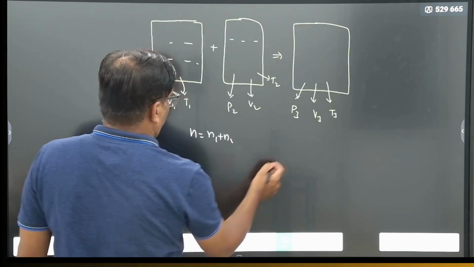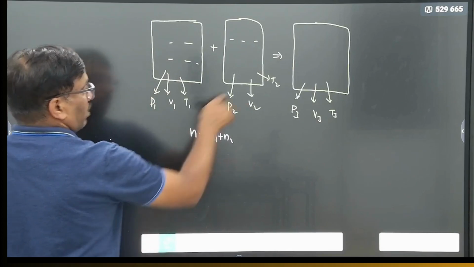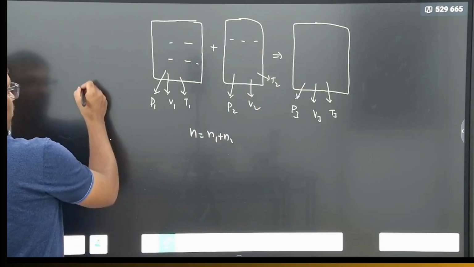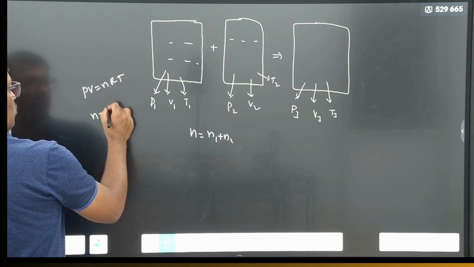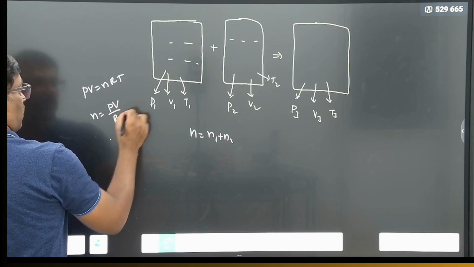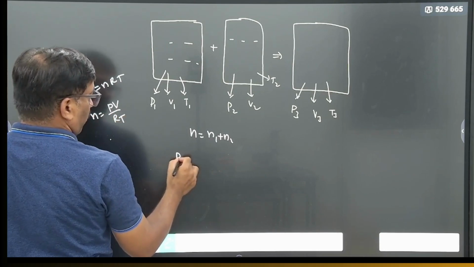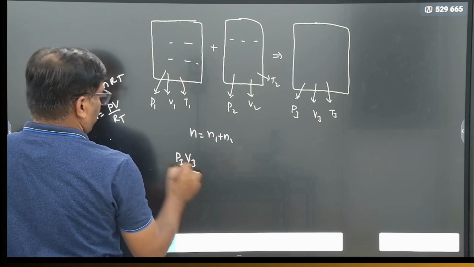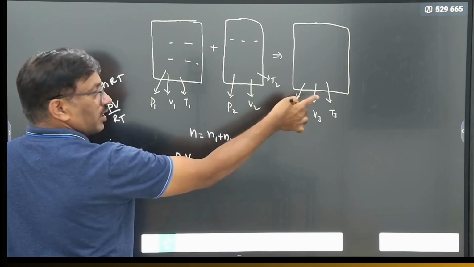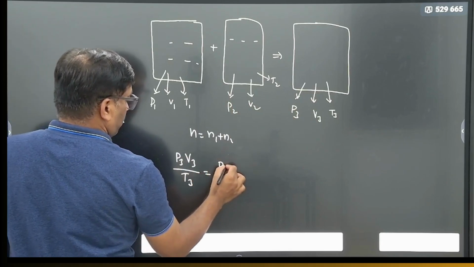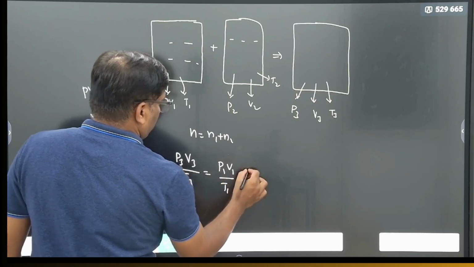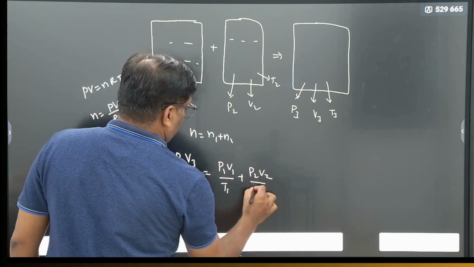Simple thing. You know that PV equals nRT, so n equals PV by RT. Substituting here, P3 V3 by R T3 equals P1 V1 by R T1 plus P2 V2 by R T2. R is the universal constant, so it is the same for all.